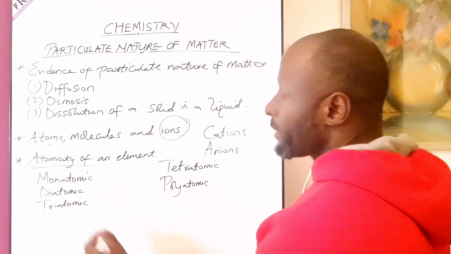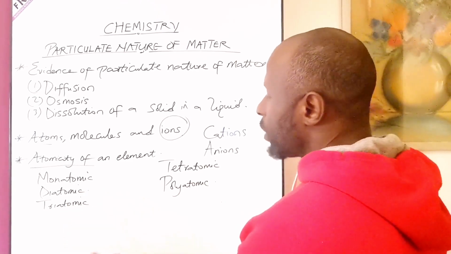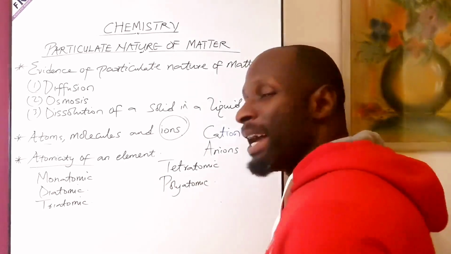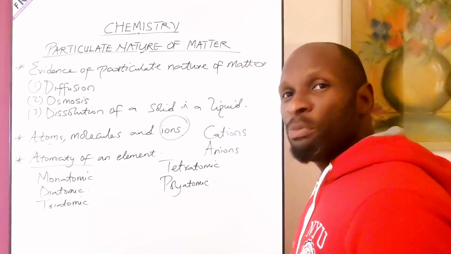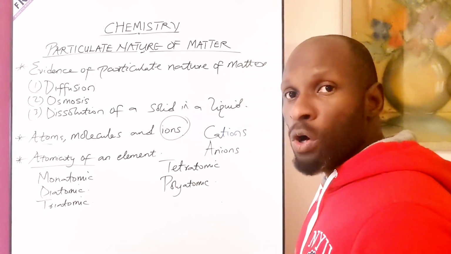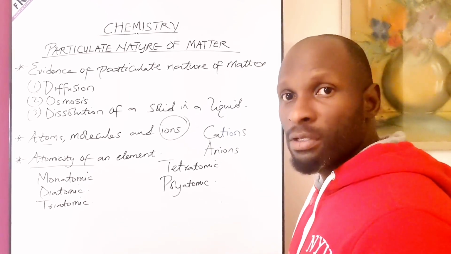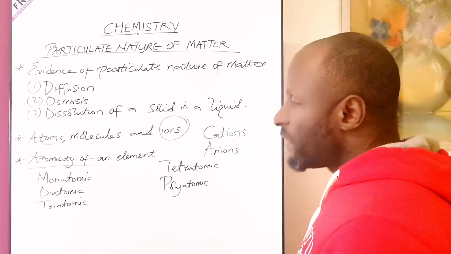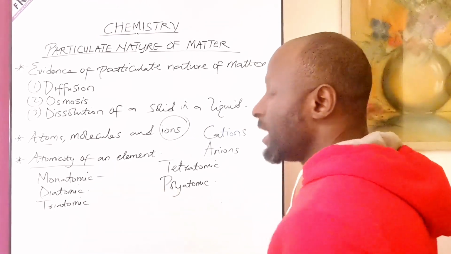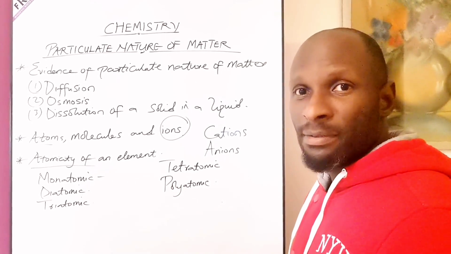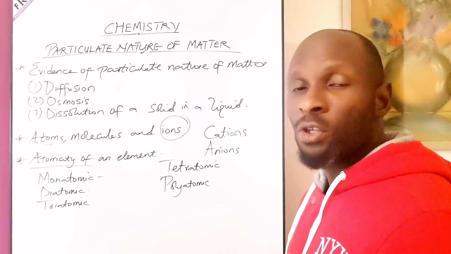Generally, diatomic, triatomic, and tetratomic all fall under polyatomic. Because when you say something is polyatomic, it means that it contains 2 or more atoms. Okay? Now, generally, when we talk about monatomic elements, all metals are usually monatomic.